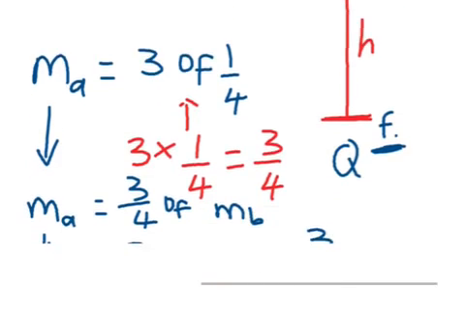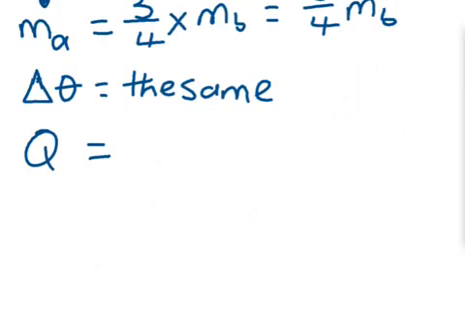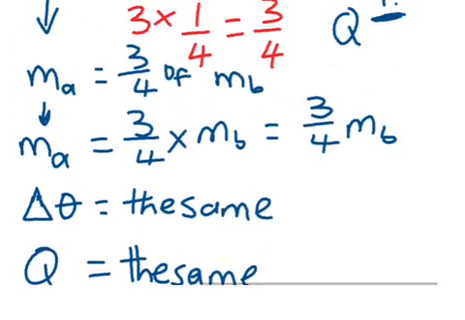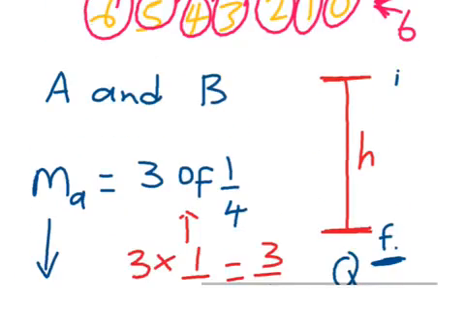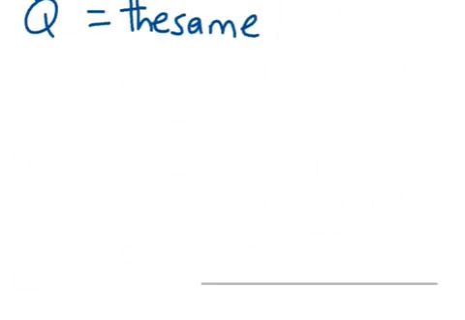So we can say that Q is also the same. Now how do we represent this in a more simplified and comprehensive way? Let's represent this in terms of the quantities that we require to find the specific heat capacity.